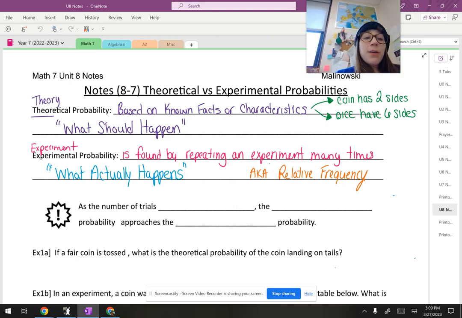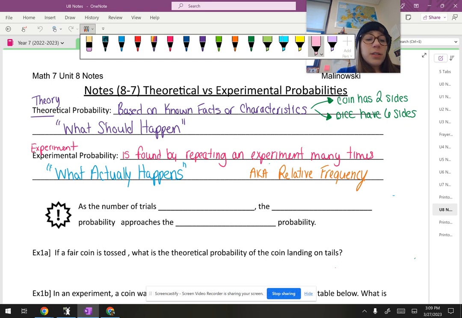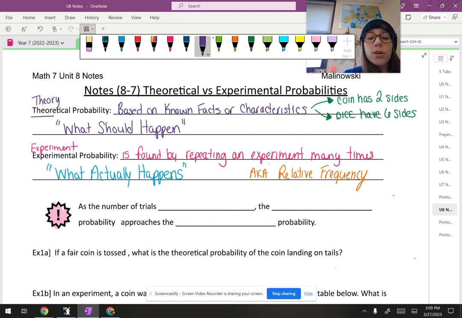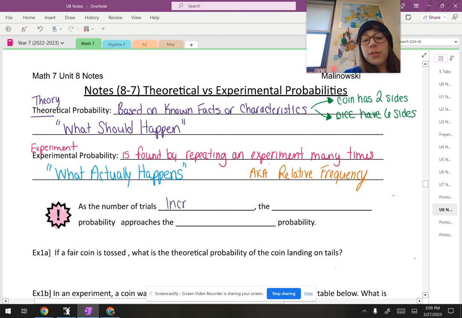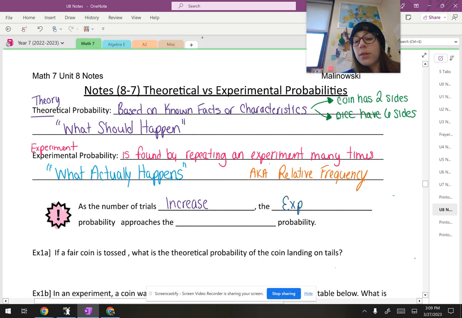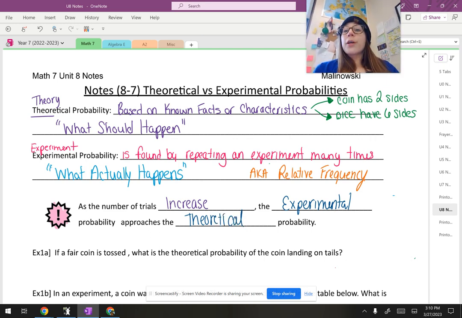So what this big exclamation point is getting at is the fact that as the number of trials increases, so the more times you flip the coin, the more times you roll the dice, the experimental probability approaches the theoretical. If I flip the coin 10 times, I might get heads 6 and tails 4.